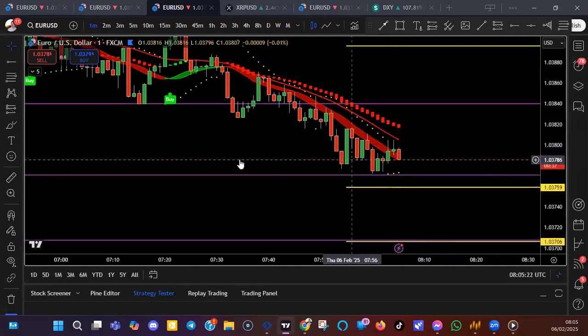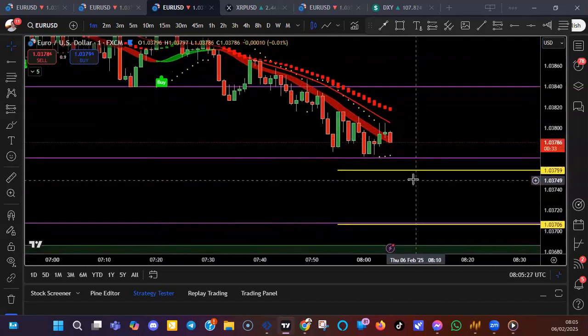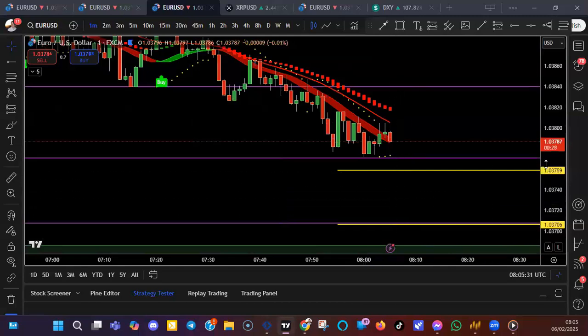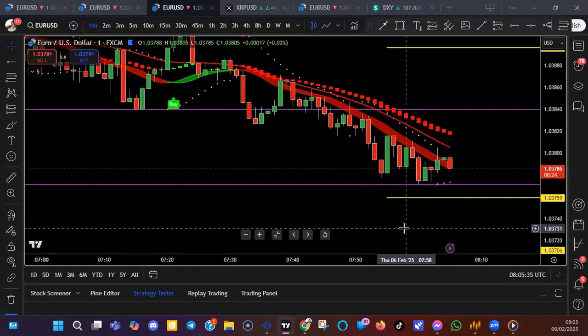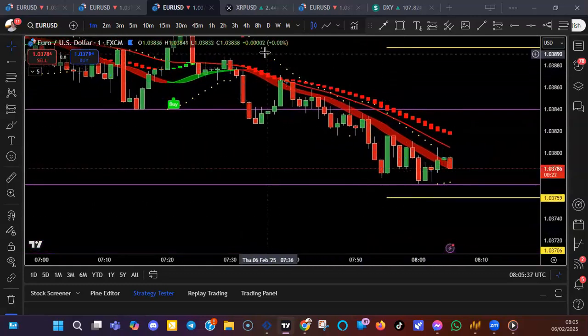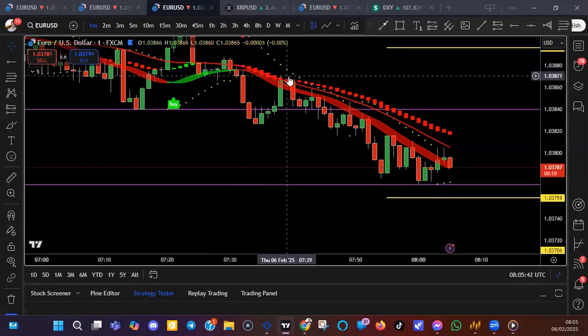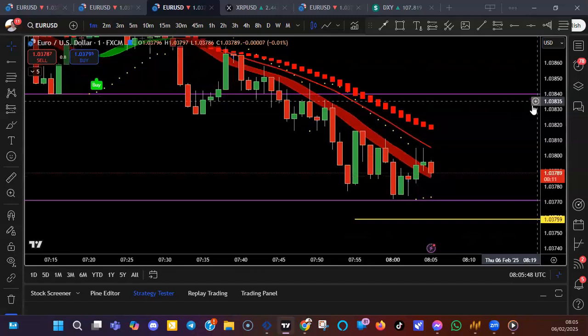And if it breaks those parabolic SARs, it's broken that point, so there is a higher expectation that it would go even deeper. But all these points here have been points in the past where price has reacted, and that's why they are there.